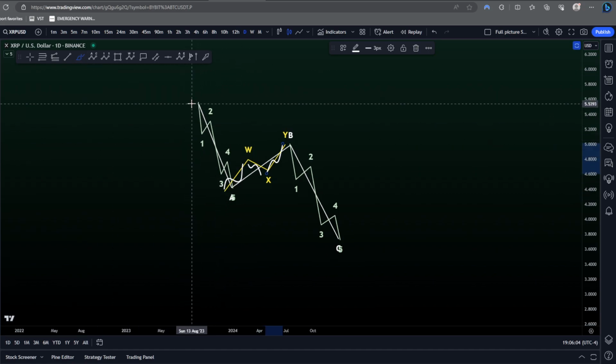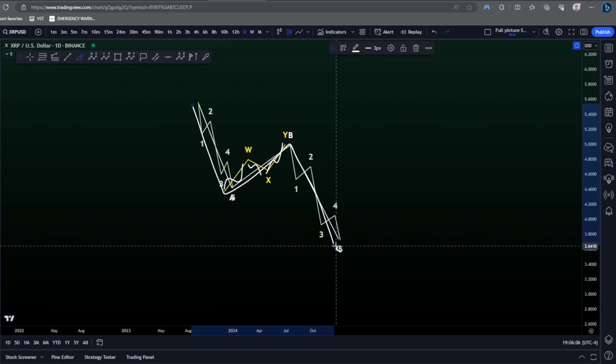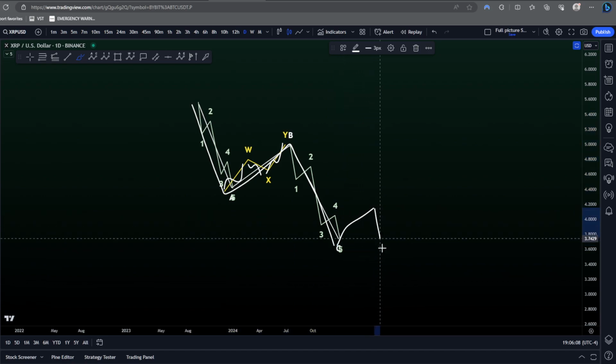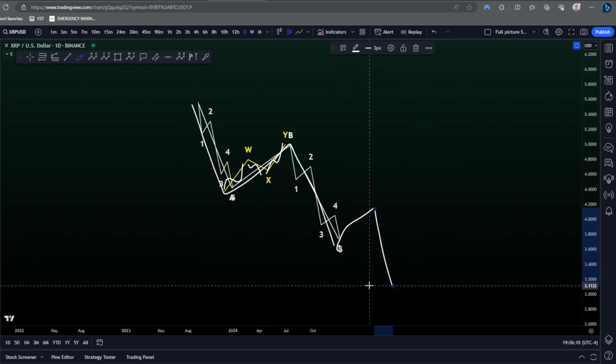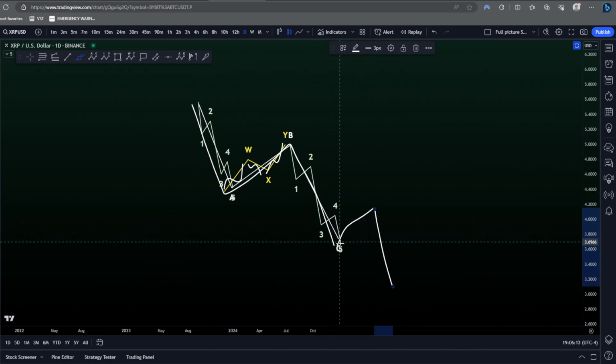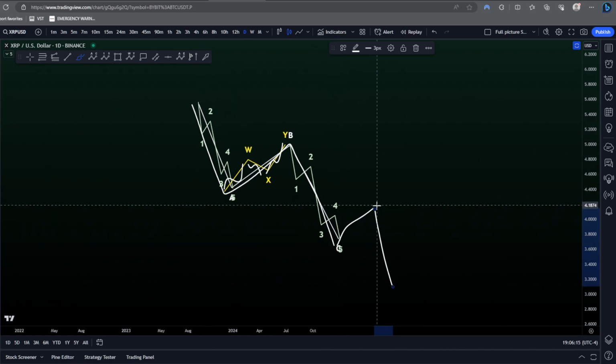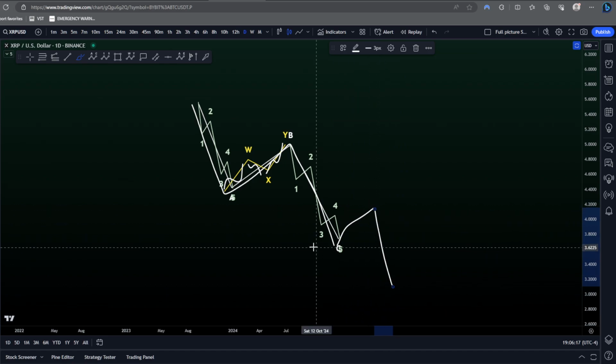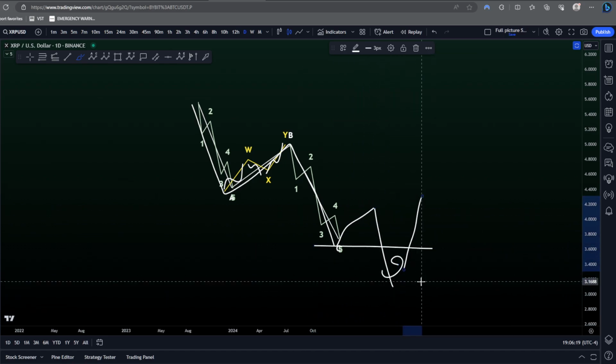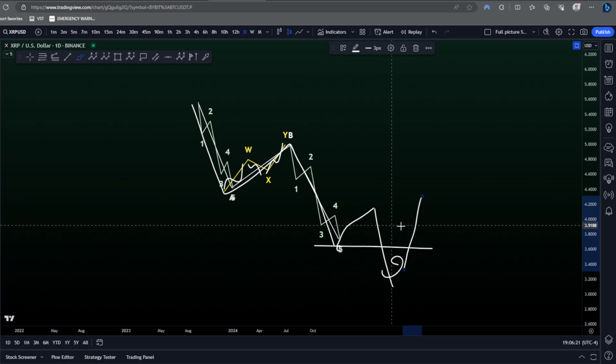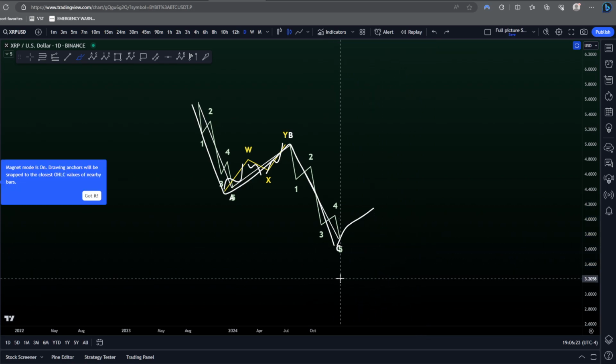Now, you can see the similarity between this and one more correction and another. Oh, look, that's an impulse now. So a correction is basically an impulse without the last hit. That last hit, the liquidity grab before it turns around, that would be an impulse. Without that, you're looking at a correction.